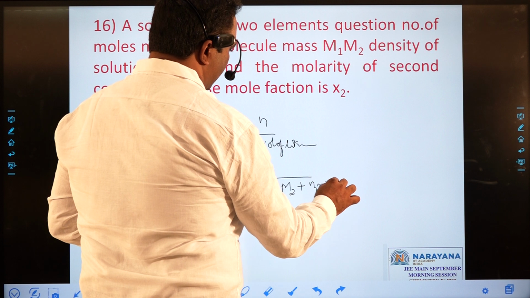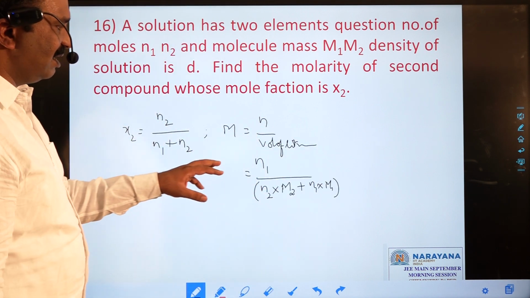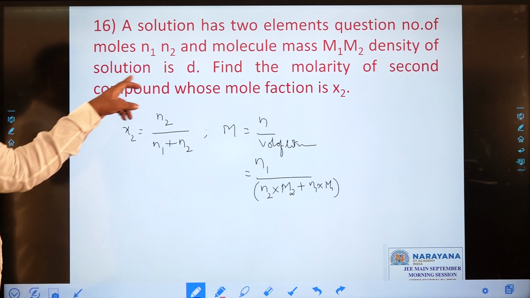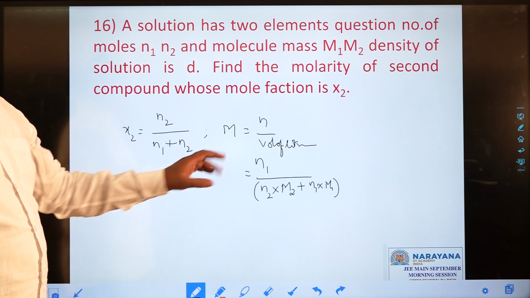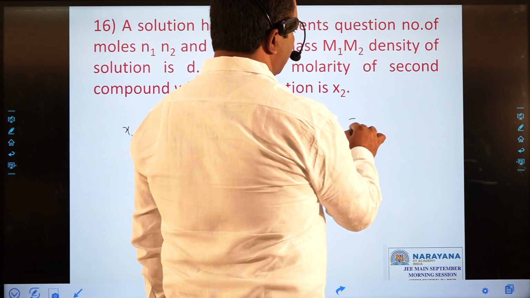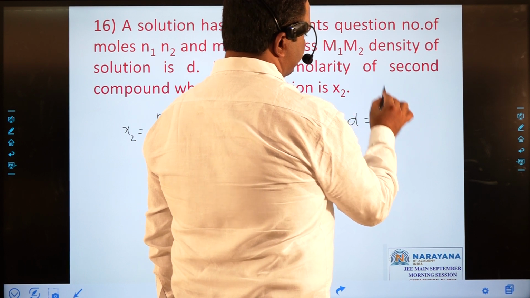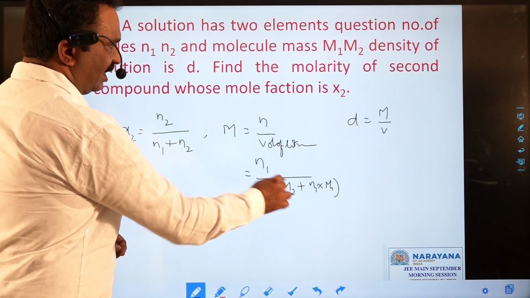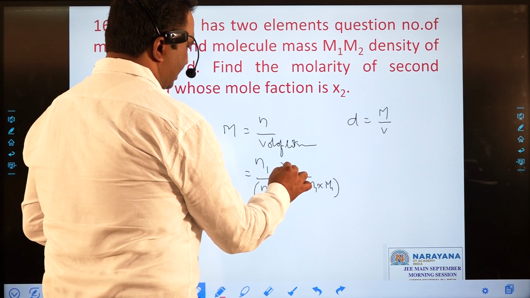Now this is total mass of the solution. Mass of the solution, we need volume of the solution. So density is given for the solution as D. We know from the relation density is equal to mass by volume. Now we need volume here. So mass by density.